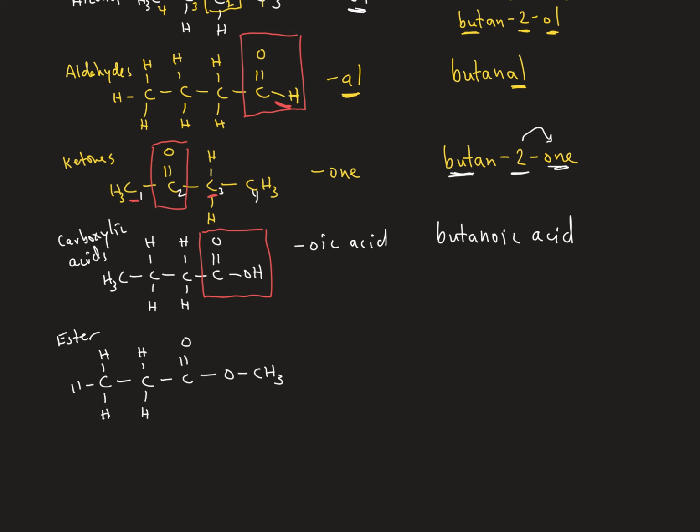Esters are named a little bit differently than everything else that we've looked at up to this point. So esters, we name an ester by breaking it up into both halves of the molecule. First, we're going to take the carboxylic acid half of the molecule, and that's the base name. And so here is a carboxylic acid.